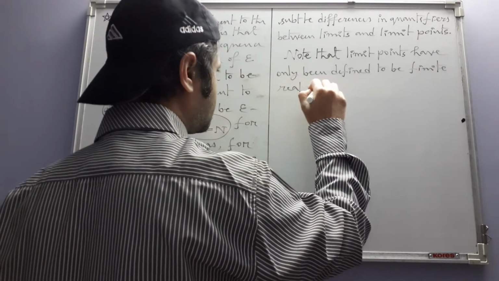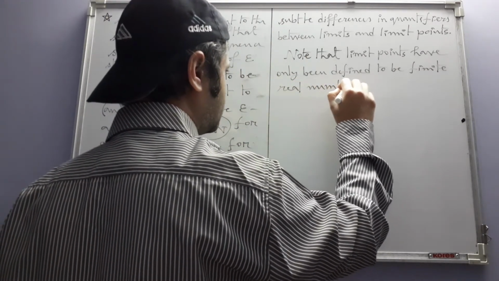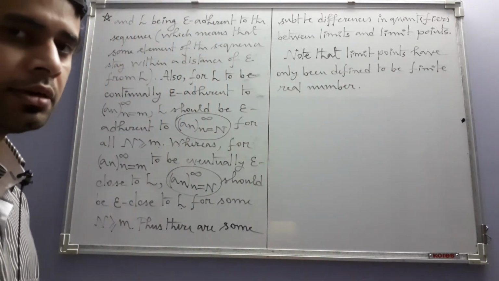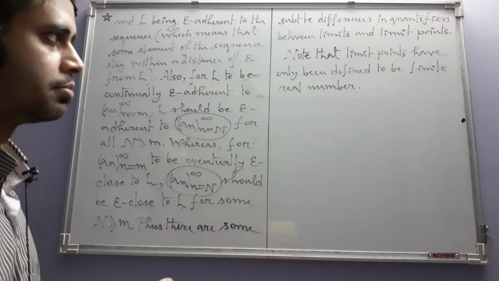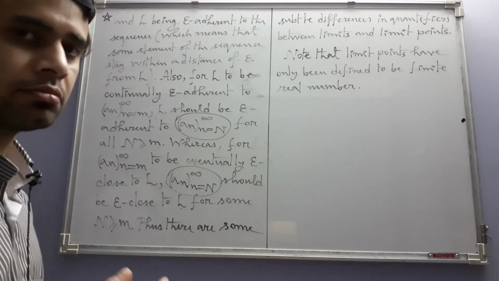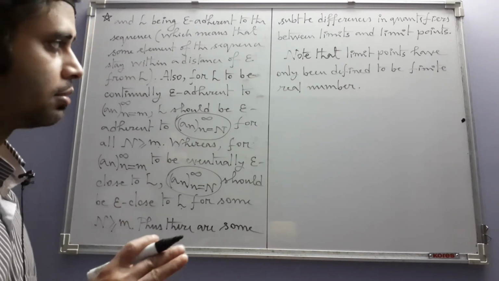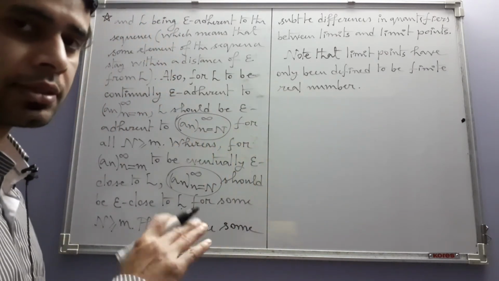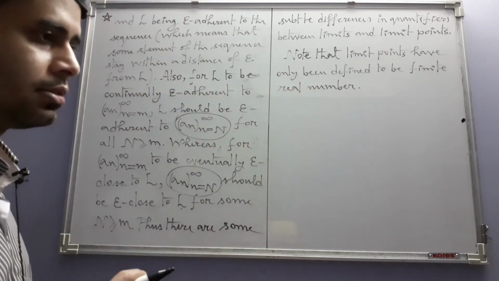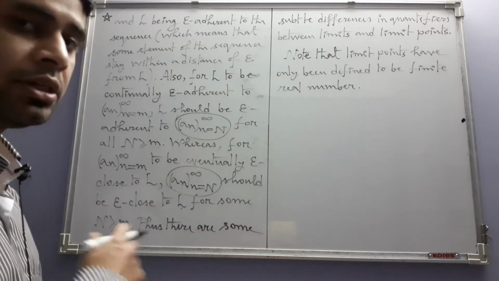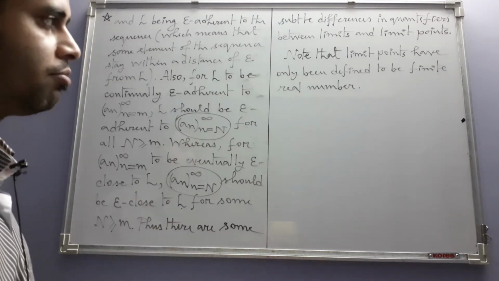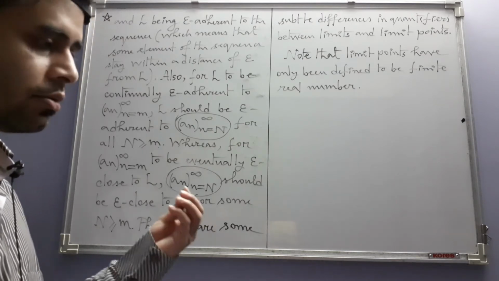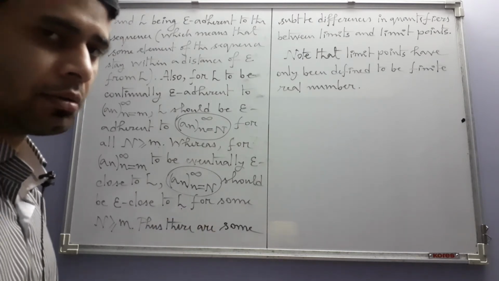Real numbers of course are by their very nature finite, but we are additionally mentioning finite to stress the fact that the x in the definition of a limit point is not an arbitrary extended real number. In particular, it's neither plus infinity nor minus infinity. It's a finite real, it's a real number.